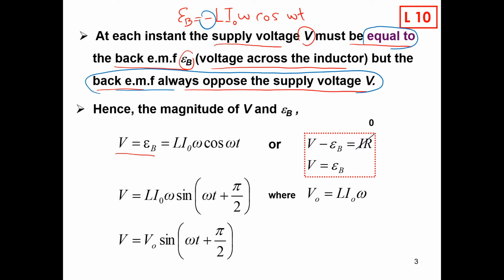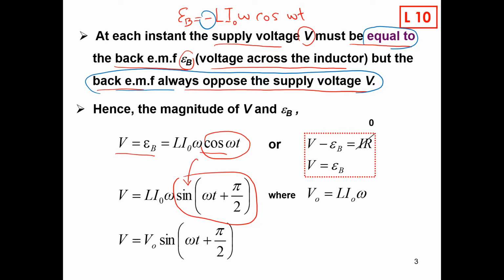Then we transform cos omega t into sine. We get the equation equal to L I naught omega sine omega t plus pi over 2, since cos omega t is also equal to sine omega t plus pi over 2.